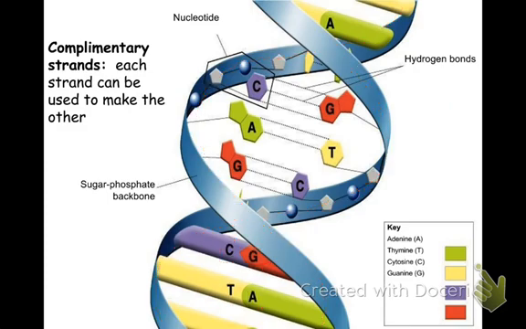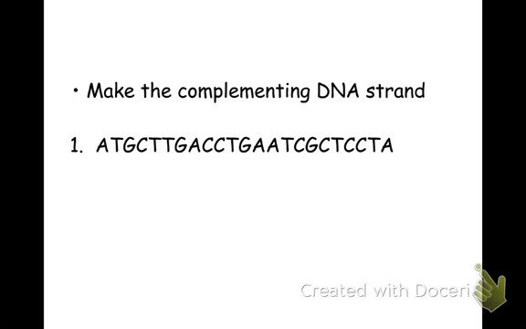So this is important when we're copying our DNA. If we take a look at this one strand of DNA, just basically the order of the letters, we can write the corresponding or complementary strand below it. So A pairs with T, T pairs with A, G pairs with C, C pairs with G, and so on.